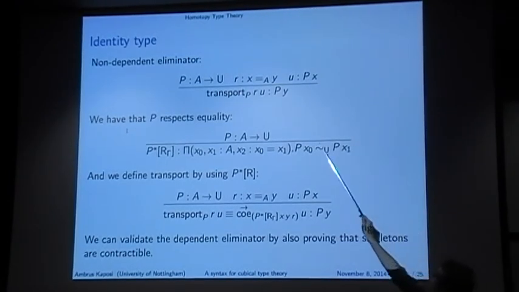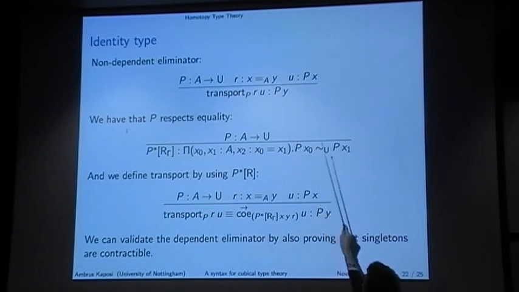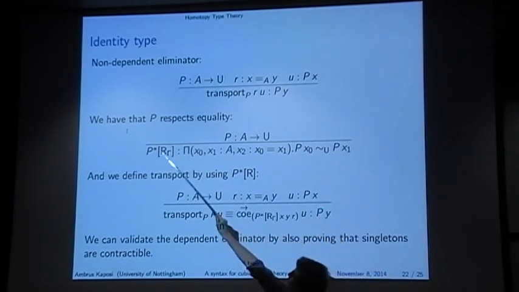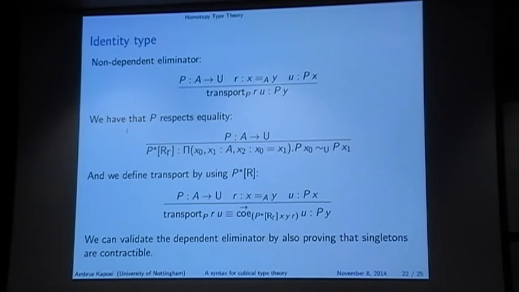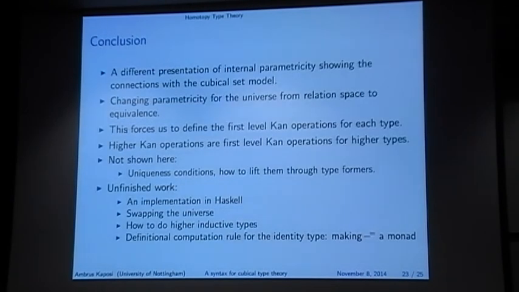And in this universe, I can coerce from this type to this type. So this is how I define this transport function, by the coerce of this P star R gamma.